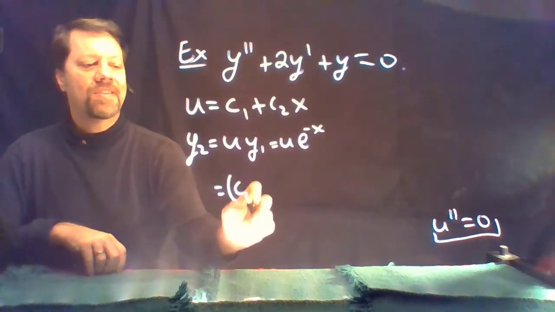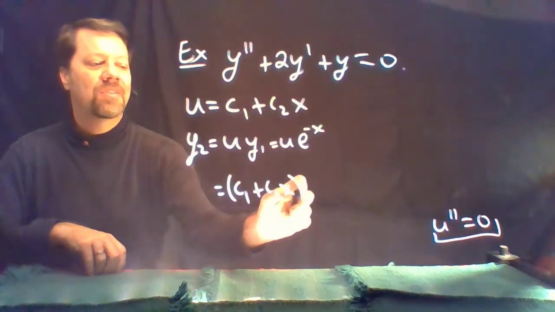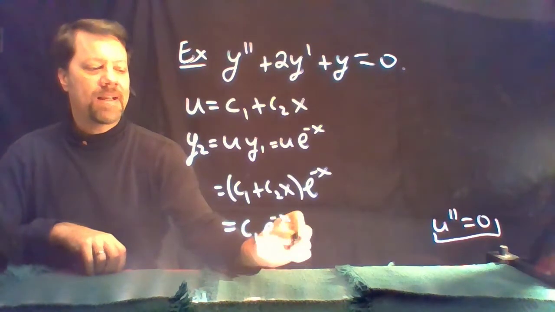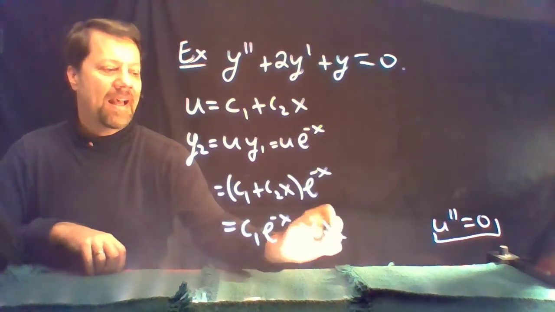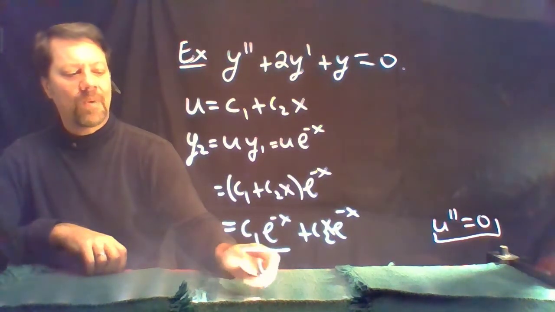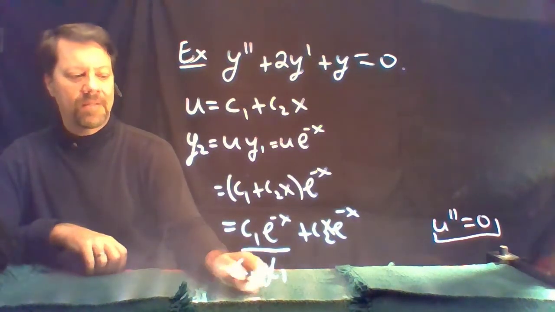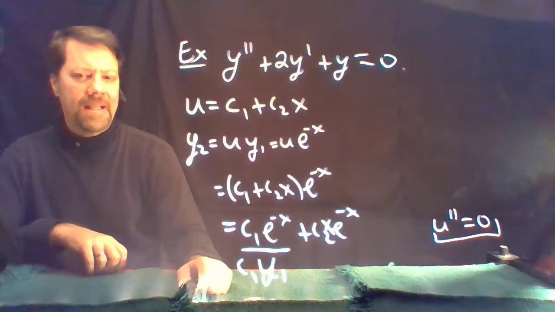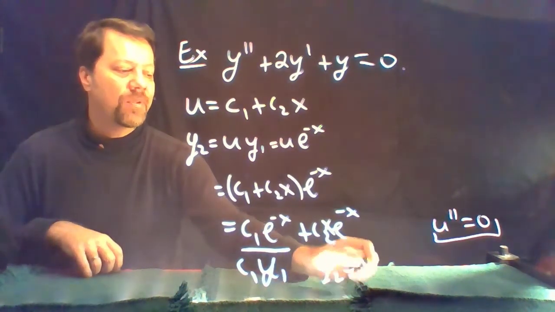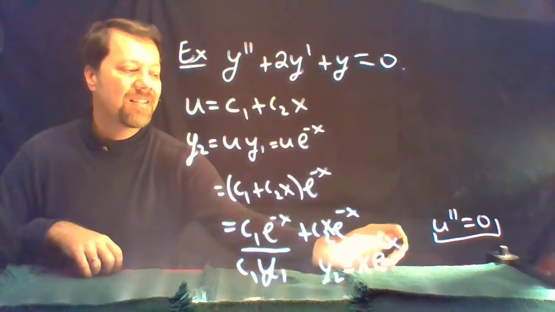For us, that's going to be c1 plus c2x e to the minus x, which is c1 e to the minus x plus c2 x e to the minus x. Remember, this is y1 times c1. Could it be that to construct our second linearly independent solution, all we have to do is multiply by x?